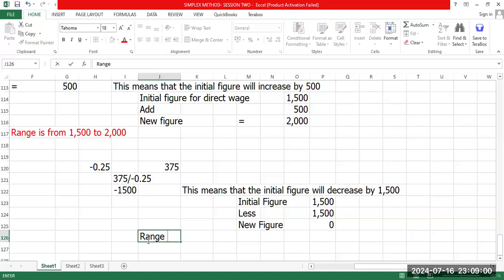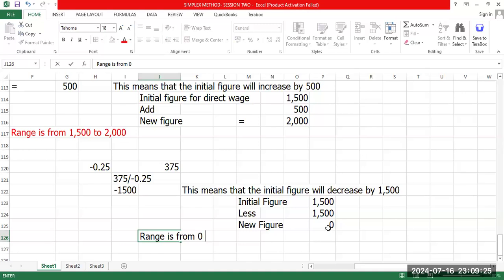Range, this implies that the range is from, compare the initial figure with the new figure, start with the lowest, followed by the highest. So the new figure is lower. So the lower limit is 0.